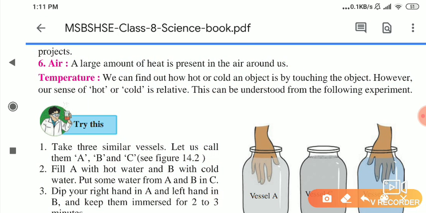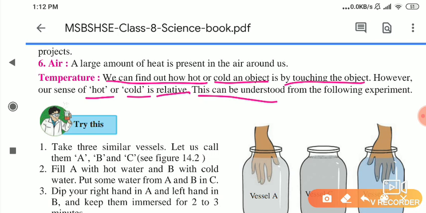We have to take two bottles, one with hot water inside and another with cold water, and touch both the bottles, or hold your hand in that hot and cold water. You will feel the difference in the temperature. So here it is given, we can find out how hot or how cold an object is by touching the object. However, our sense of hot and cold is relative. They are relative.